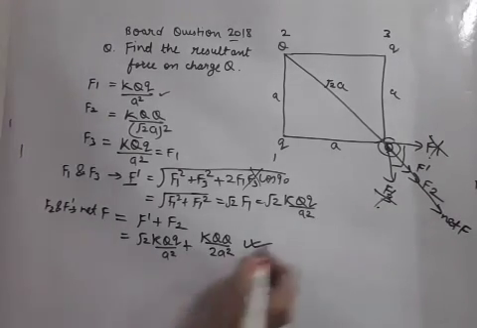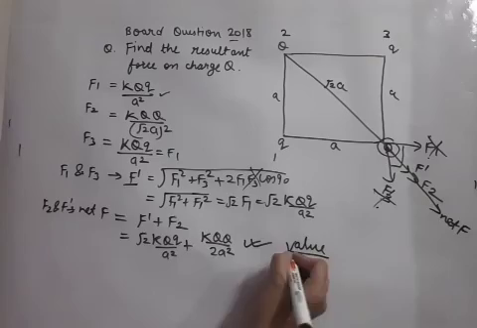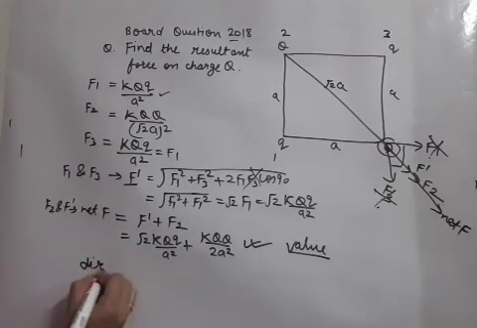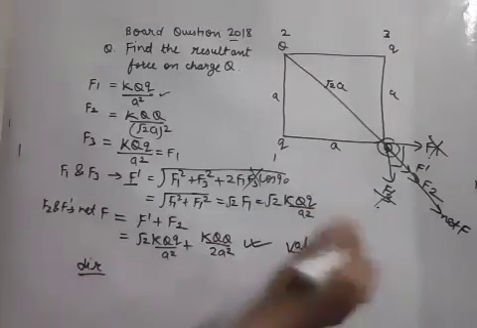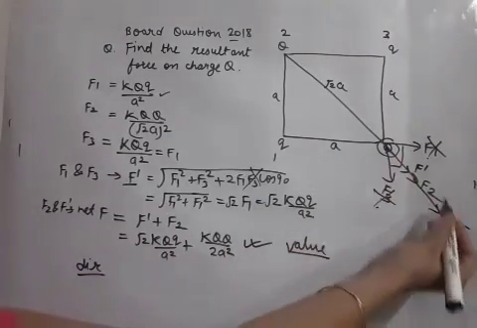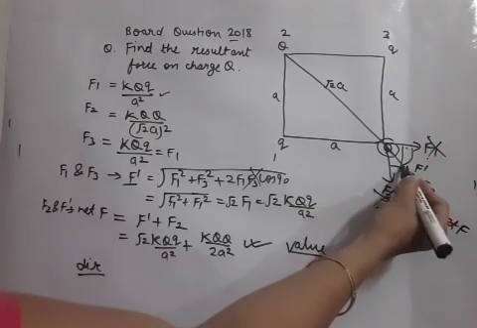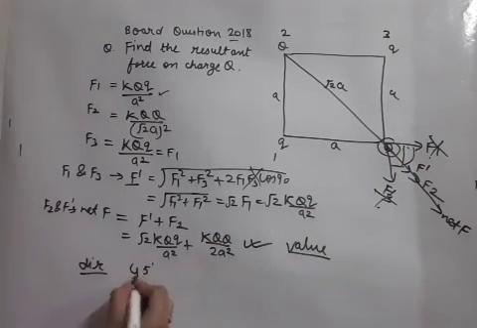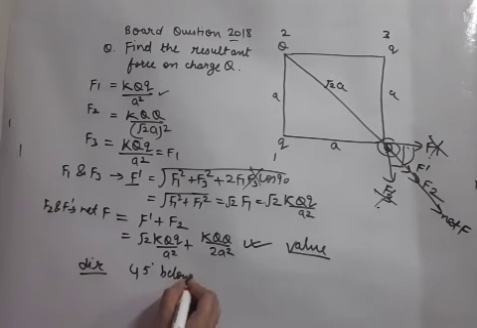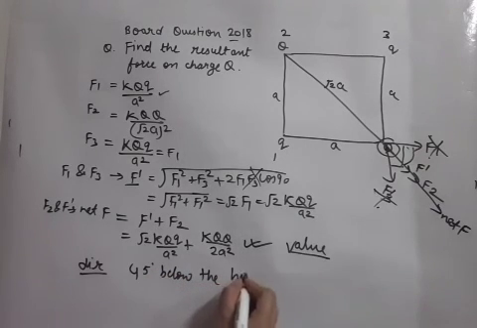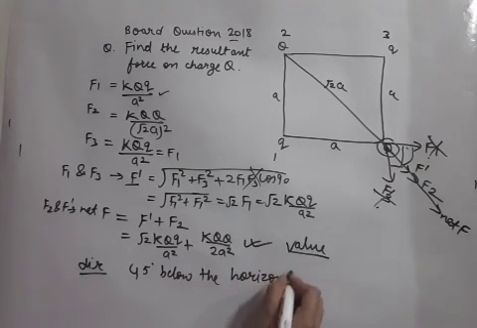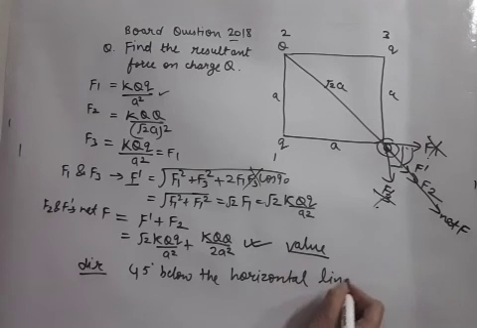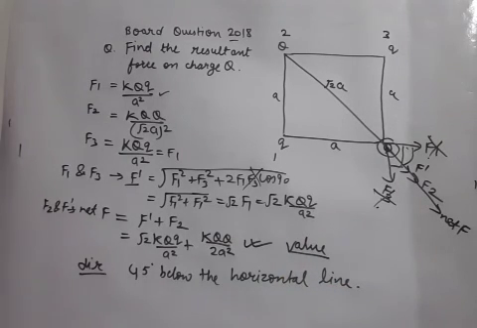Value we have already obtained. Now, the direction of net force: we can simply write 45 degree below the horizontal line. So this way we have obtained both the values.